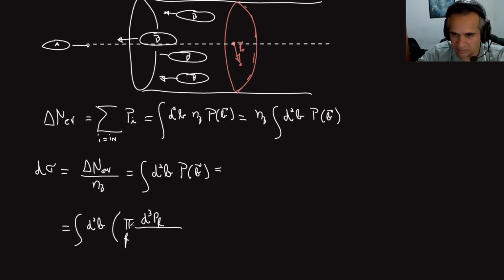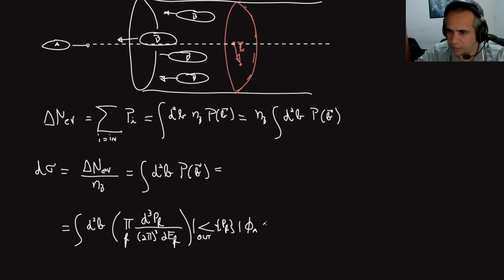So this is the product over all final particles of d³p/(2π)³ 2E_final of any of those particles, times the square of the amplitude, with the set of all final momenta, φ_A φ_B, in square.